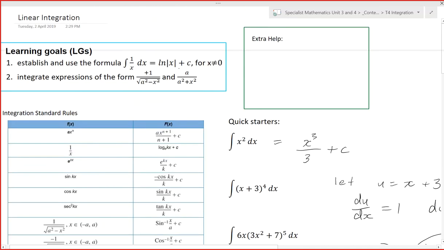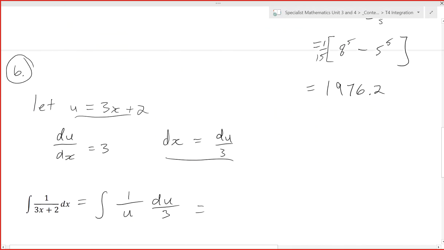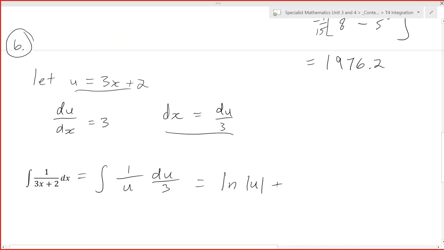So ln x plus c, like that. And don't forget, we have a constant here. So it's more or less the same as bringing this constant out the front here. And then substitute in the u value.